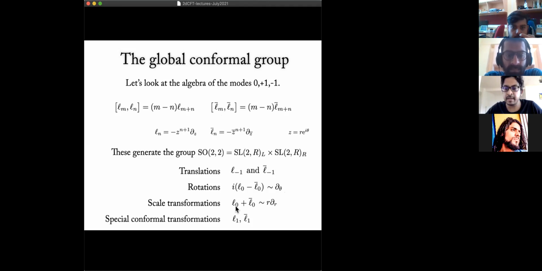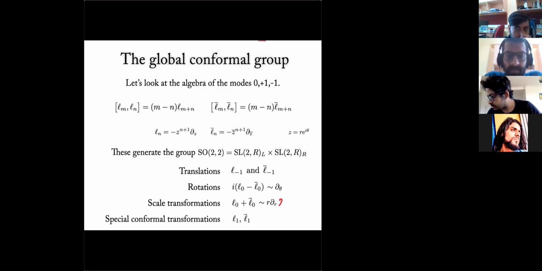And similarly, scale transformations correspond to this combination. Once again, in polar coordinates, this takes this form. But the fact that this is scale transformations, you can see that if you act it on this, it's going to give you minus delta.